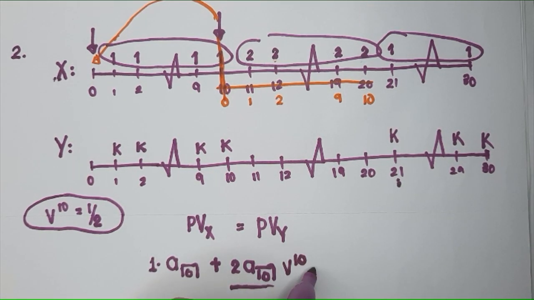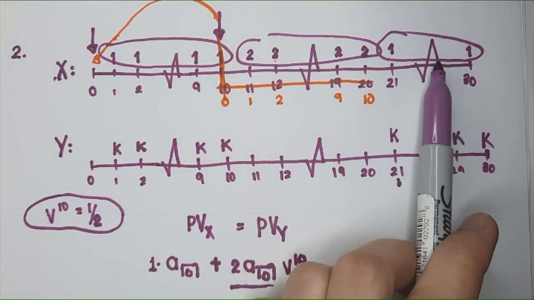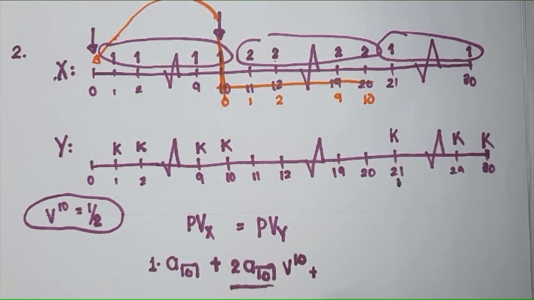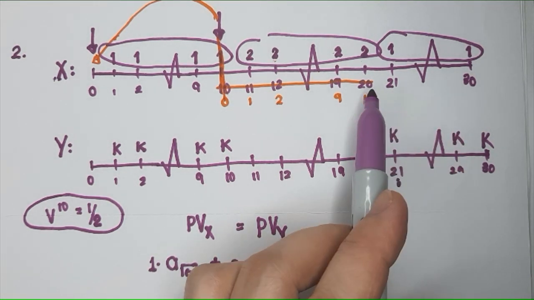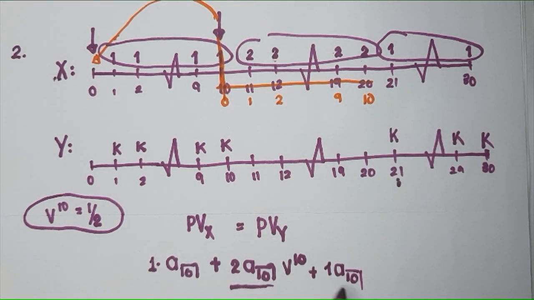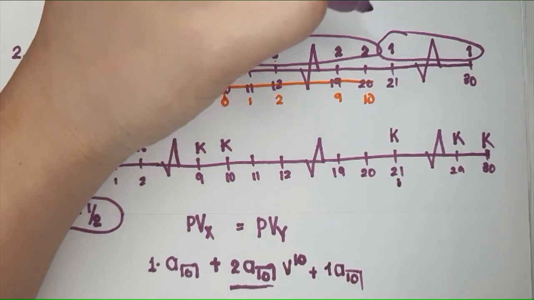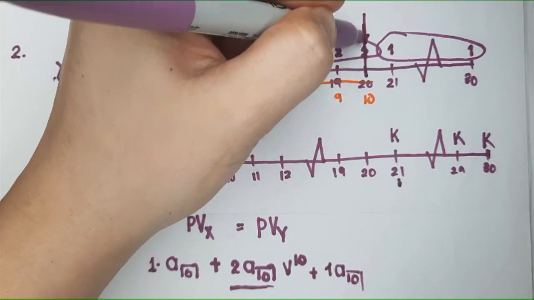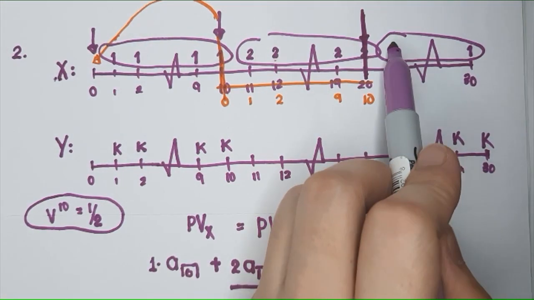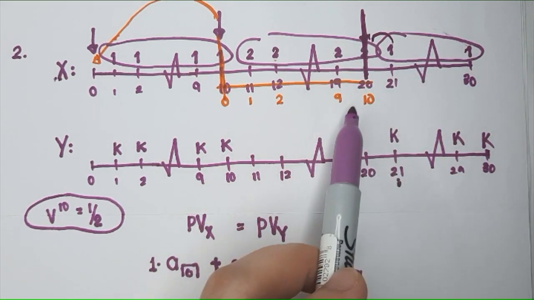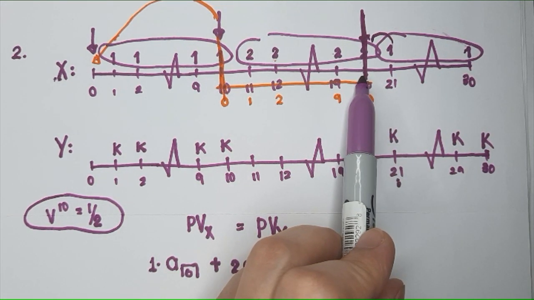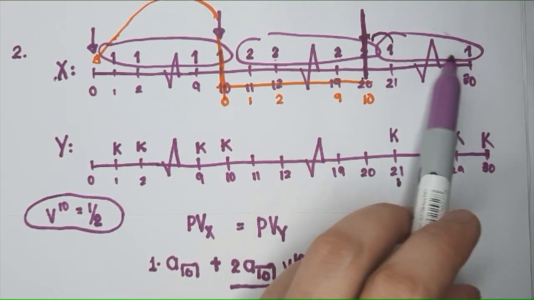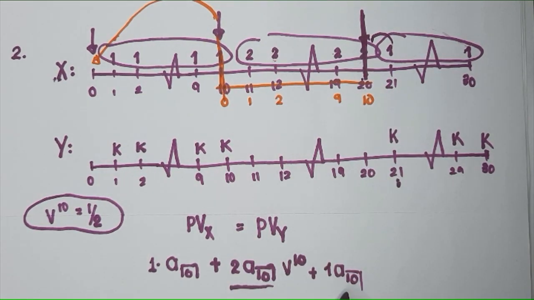And then lastly, this last set of 1 unit. Again, this is 1 times a angle 10. When you rename the time diagram, where will this fall? What is the value of t? Here. We lifted all the 1 units to this time, that's why we have a angle 10.